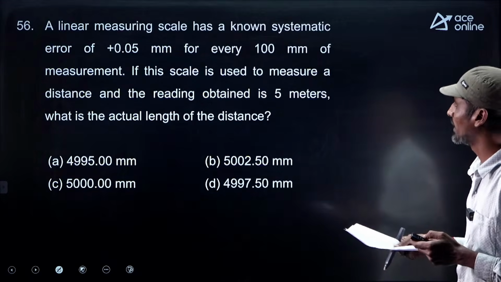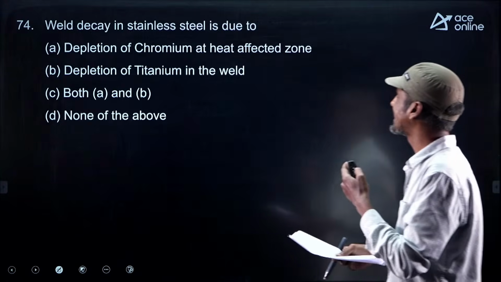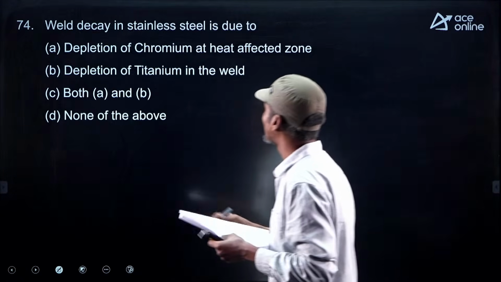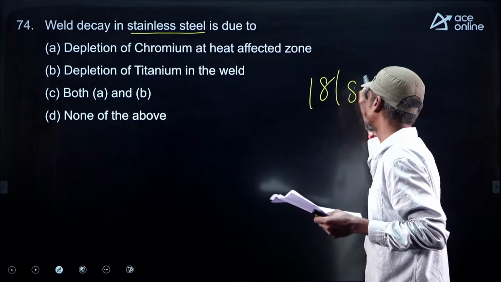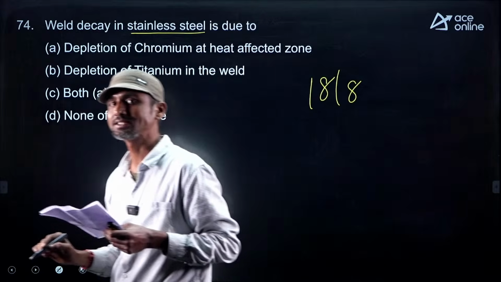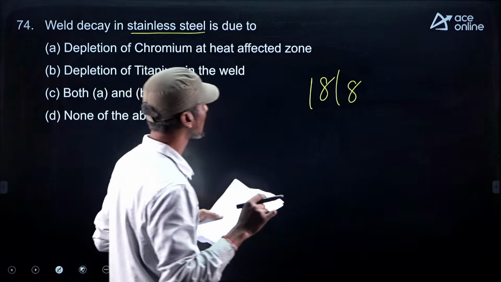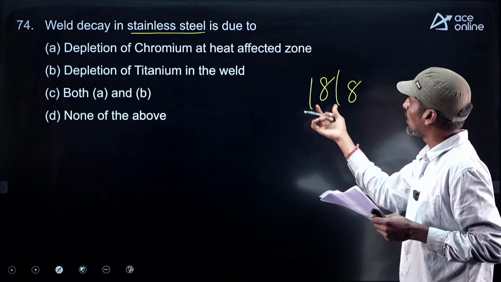Concerning weld decay, that is question 74. Weld decay in stainless steel is due to what? The base metal, stainless steel, is also known as 18/8 steel, where 18 is the percentage of chromium and 8% is nickel.